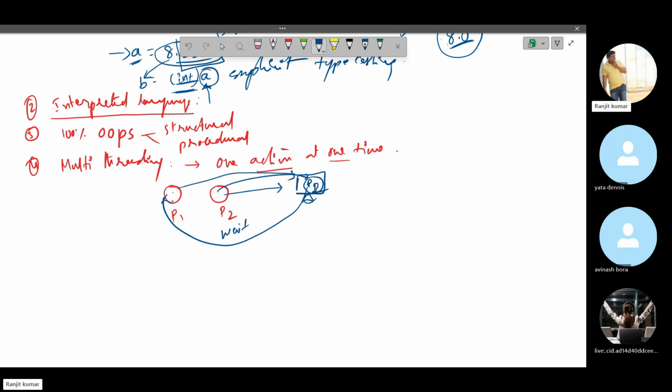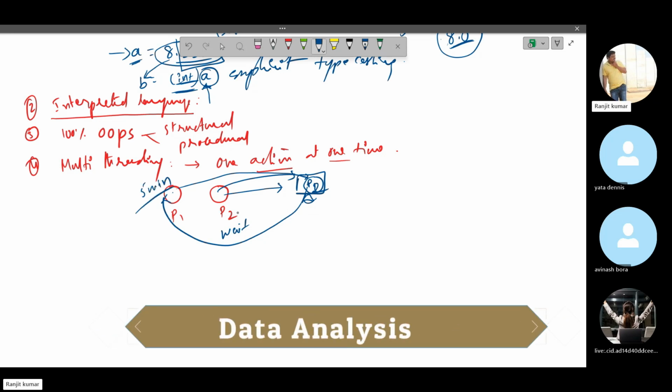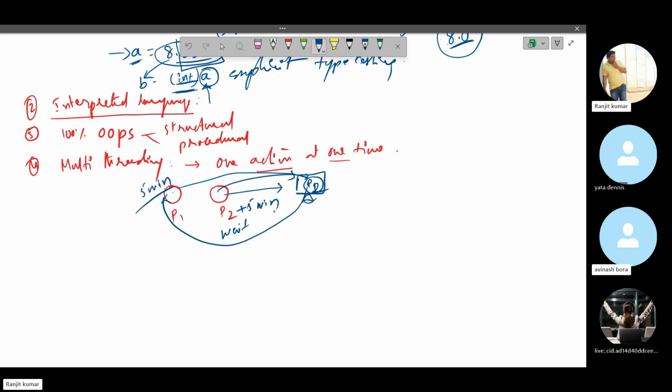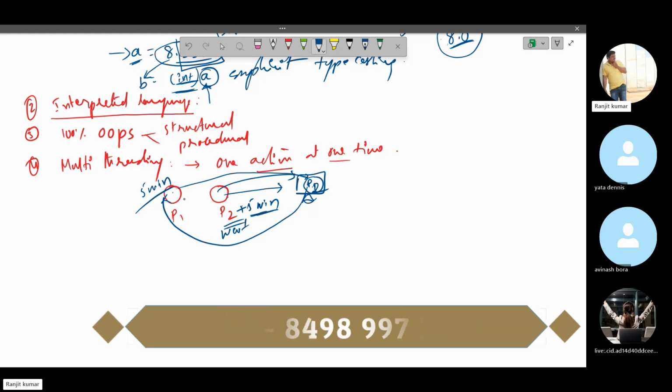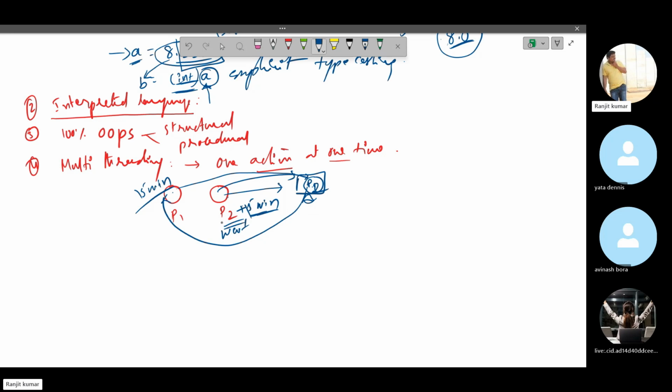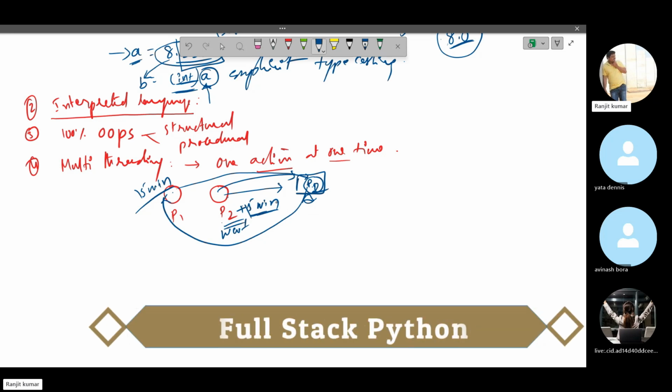For example, if P1 is going to finish within 5 minutes, P2 has to wait up to 5 minutes. Remember, if P1 has 15 minutes of execution time, then P2 has to wait up to 15 minutes.